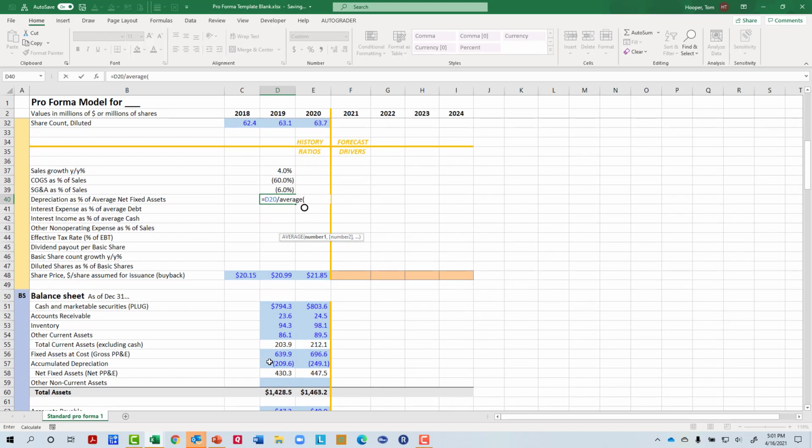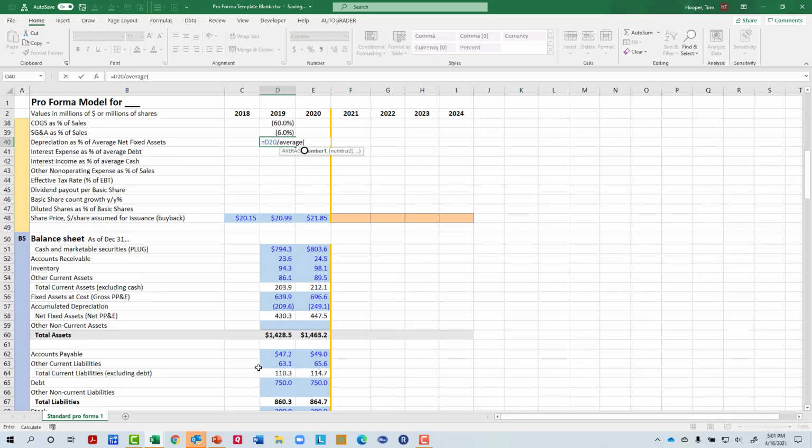Now, unfortunately, I don't have enough data to go back and see what net fixed assets were the previous year, but I'm going to write the formula that way, and then when I copy it over to 2020, I'll have 2 years to average. Excel, when it averages a blank cell with a number, just gives you the number back. So I'll get a ratio there. It won't be quite as accurate because I'm only using a year-end number. But I'd rather have a slightly inaccurate number than no number at all in this case.